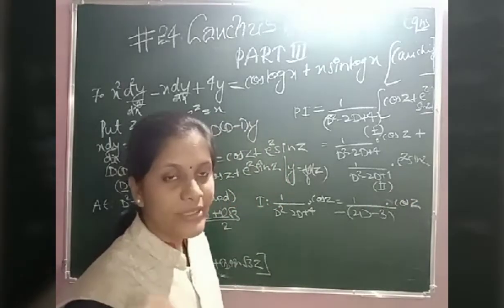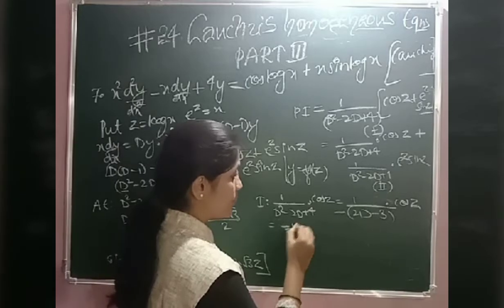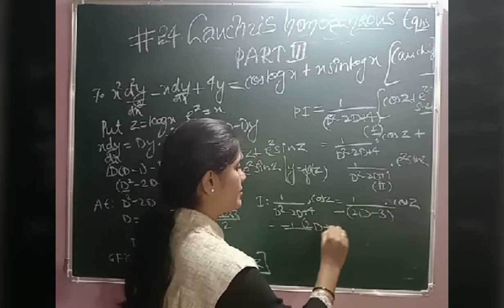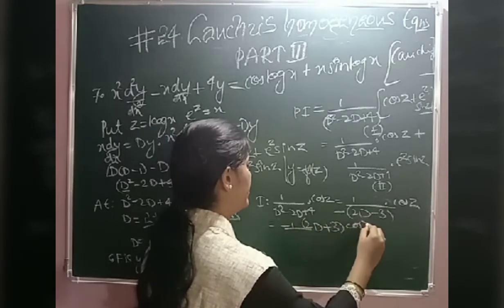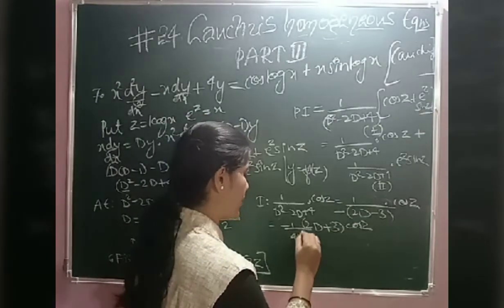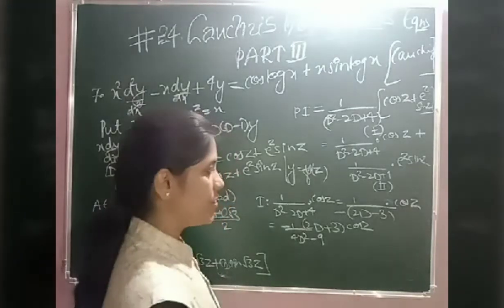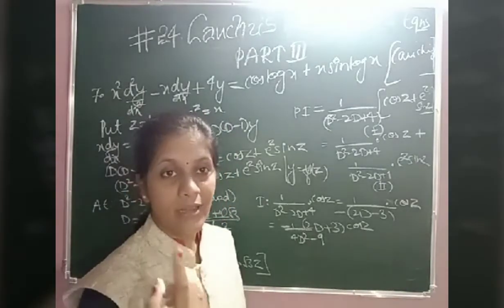So we do not know about D, so let us rationalize. This can be written as 1 upon 3 minus 2D, multiplied by 3 plus 2D of cos z. What is 3 minus 2D times 3 plus 2D? 9 minus 4D square. Now let us substitute D square is nothing but minus 1.